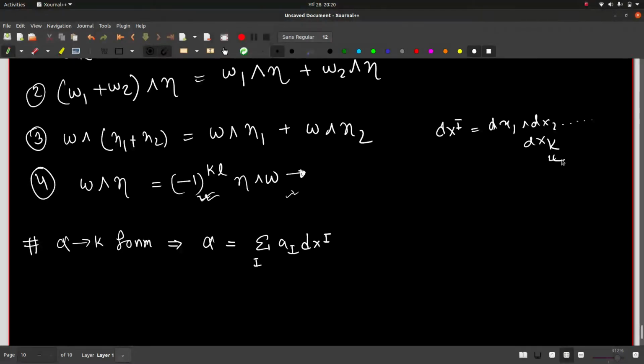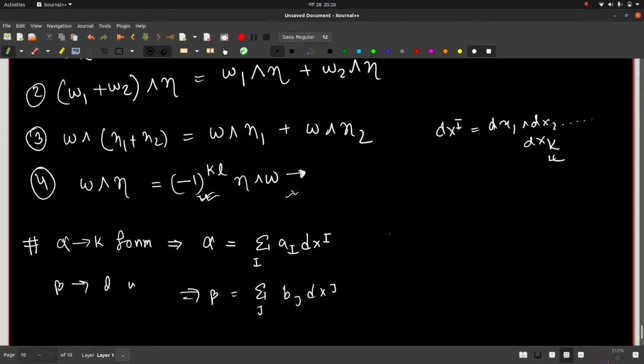And then the coefficients are summed over with these differential k forms. So this is one way of simplifying your notation. And if you have a beta, which is an L form, it can even be written as a sum over, let's say, J, and let's say this is b_J dx_J.